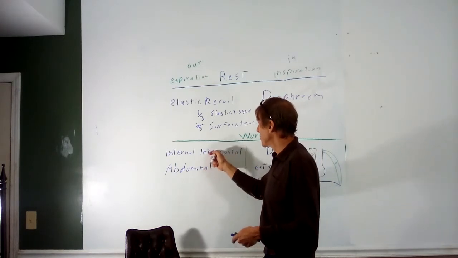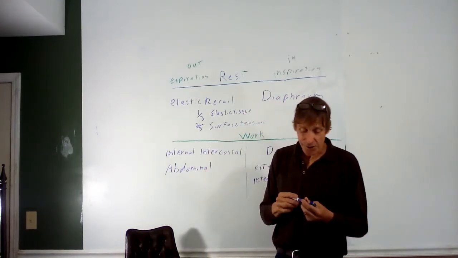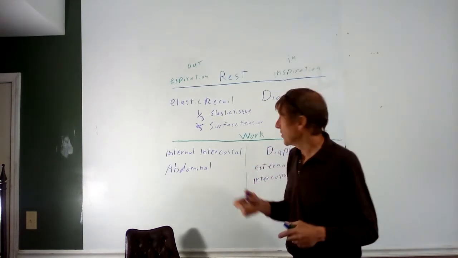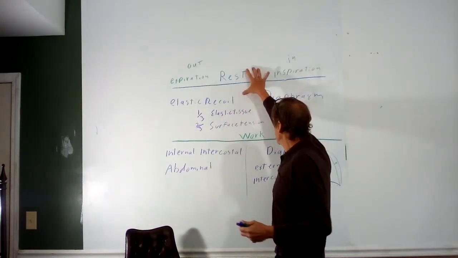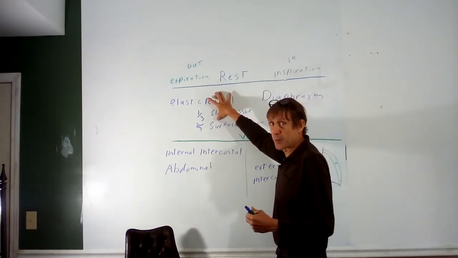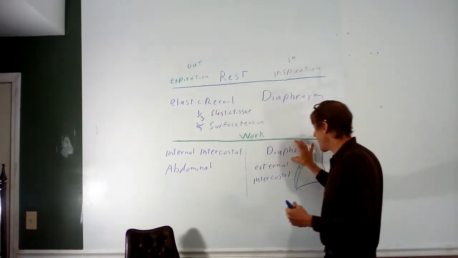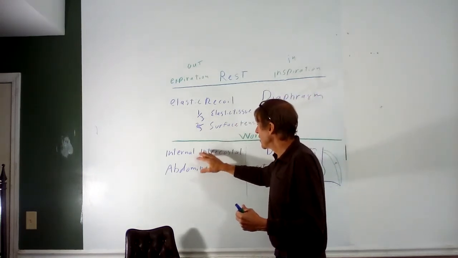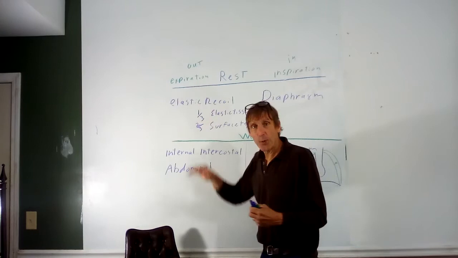So those are the two sets of muscles I'll ask you about for expiration during periods of high oxygen demand. So just make a quick list. Moving the air at rest: diaphragm for inspiration, elastic recoil for expiration. At work: diaphragm and external intercostals for inspiration, internal intercostals and the abdominal muscles for expiration.